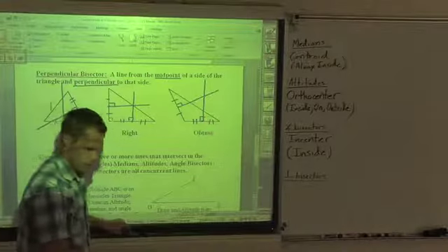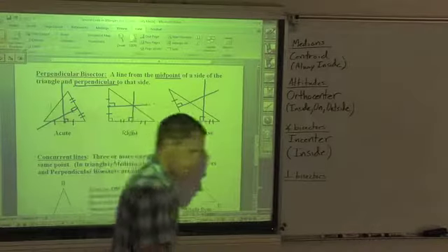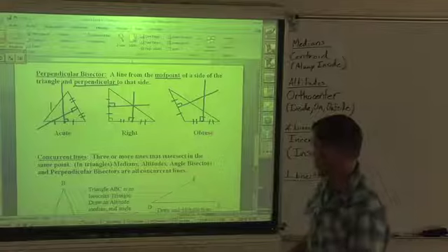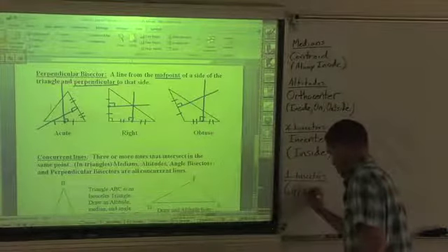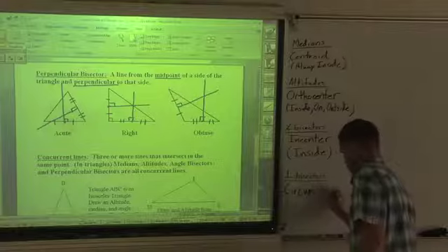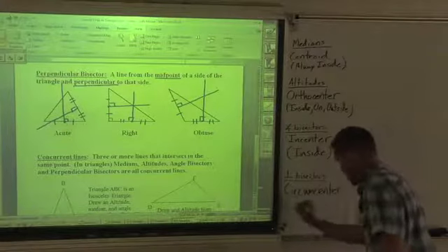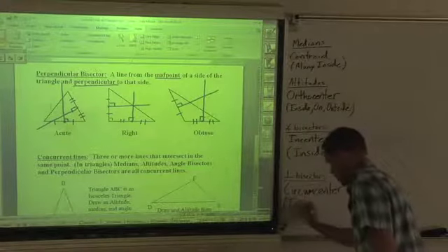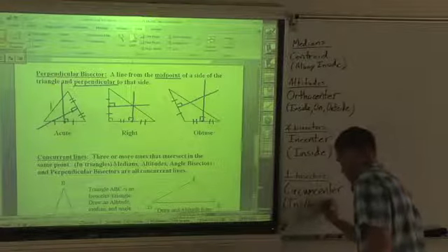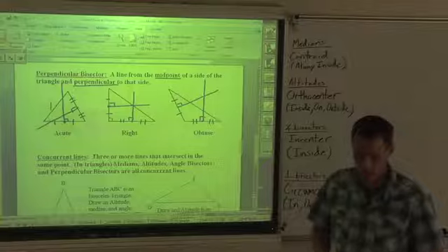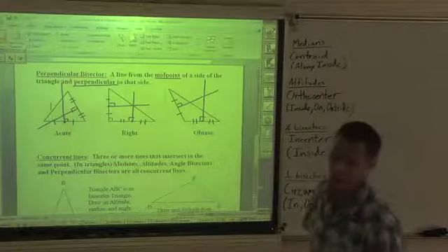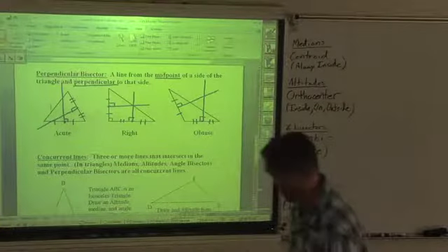So this special point, the final thing for today, is called the circumcenter. So let's see if I can write that in here. Circumcenter. And in this case, it can be in, on, or outside the triangle, just like the orthocenter was in, on, or outside the triangle.